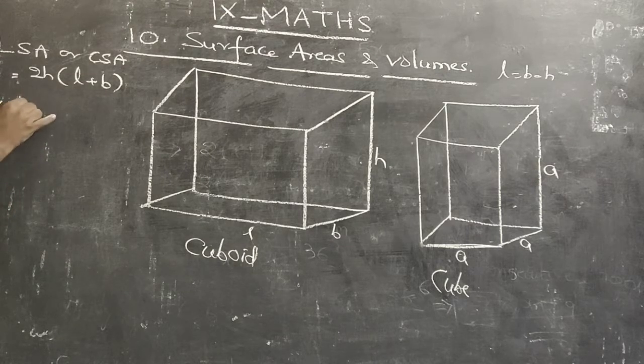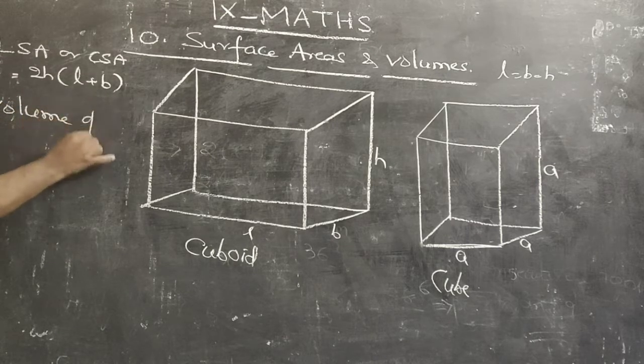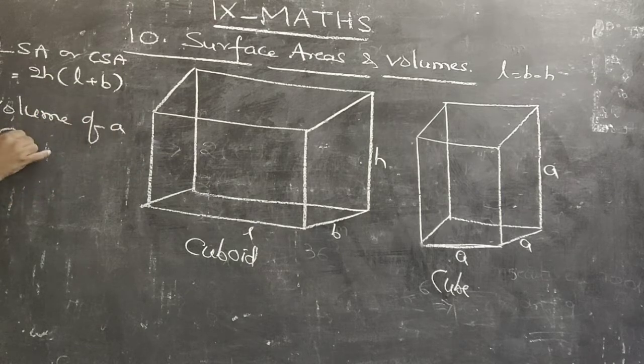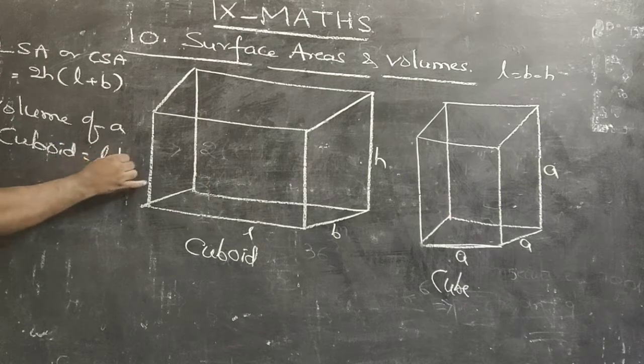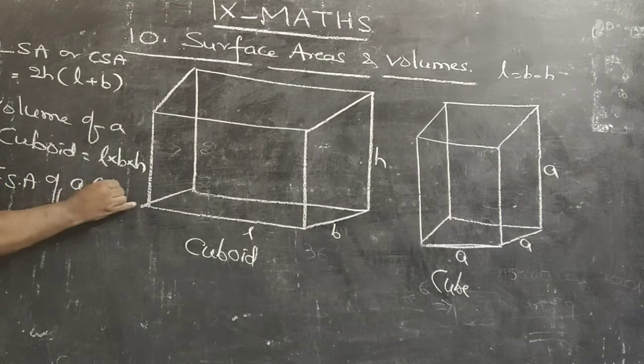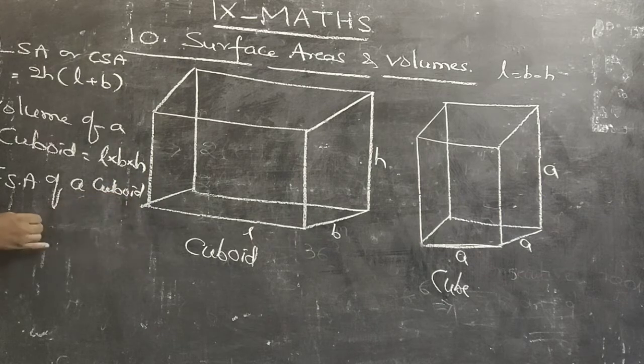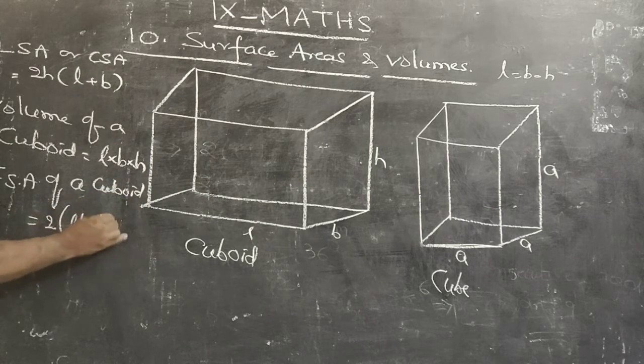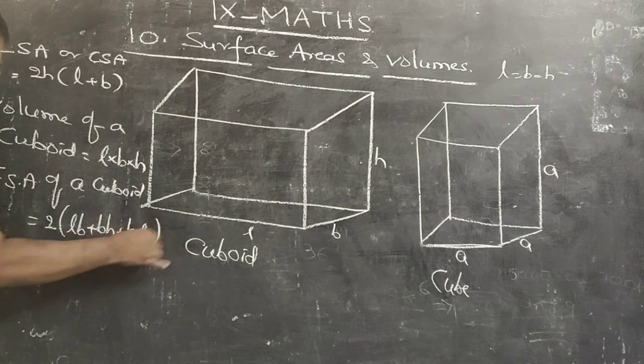Now volume of a cuboid. Volume of a cuboid is l × b × h. Now total surface area of a cuboid. Total surface area of the cuboid is 2(lb + bh + hl).